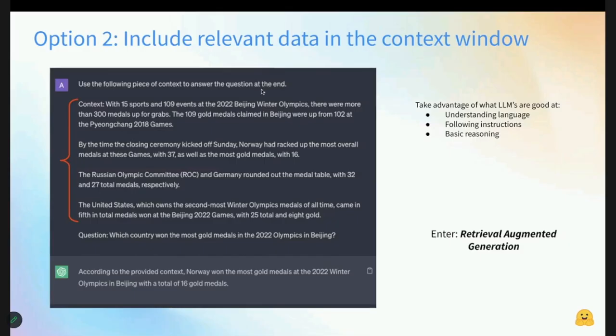And we prompt it to answer the question given this context. And we see that the model is able to get it right. This is the general idea behind retrieval augmented generation: we take advantage of LLMs for what they're good for, which is understanding language, following instructions, and basic reasoning. And we leave the domain-specific part to this augmented context that we provide.